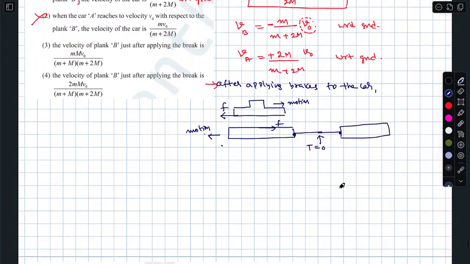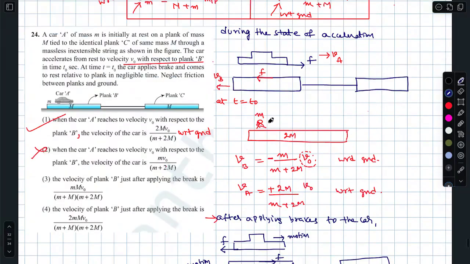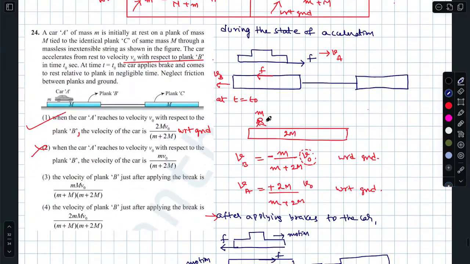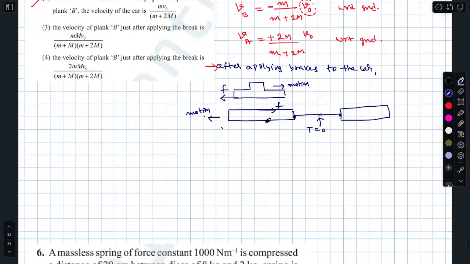Now you apply the law of conservation of linear momentum to the system A and C, whatever it is. You said somewhere you are coming to rest also.